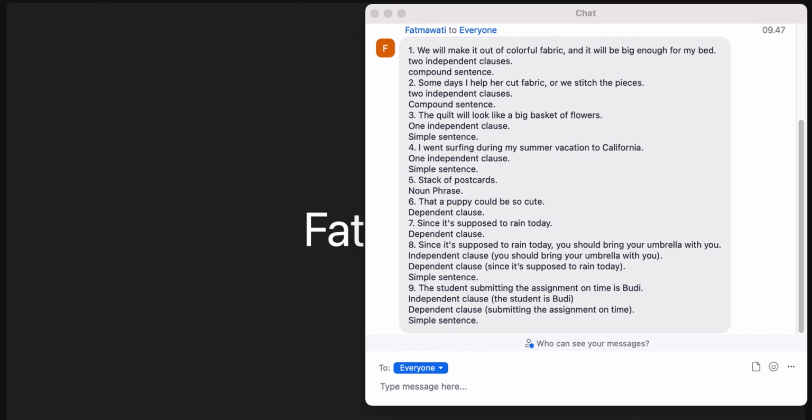Dependent boleh di dalamnya, tapi harus ada coordinating conjunction. Iya, kalau itu compound. Masalahnya number 8 ini bukan compound. Number 8 adalah sentence. Bilang saja sentence, kalimat.